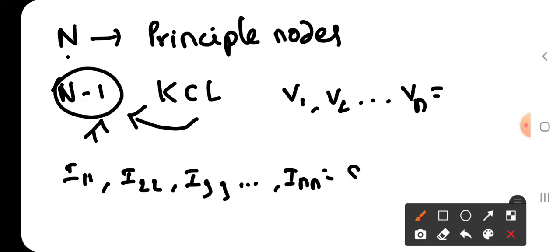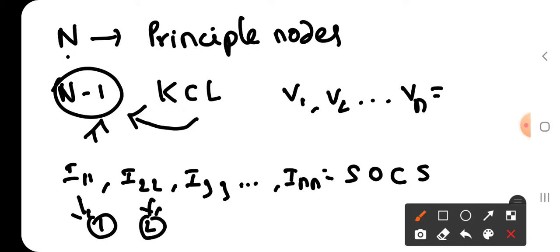Sum of current sources, in the sense of the current which is injected at the node. For the first node we are connecting I11, the second node I22, the third node I33, similarly the nth node INN. Okay, next.